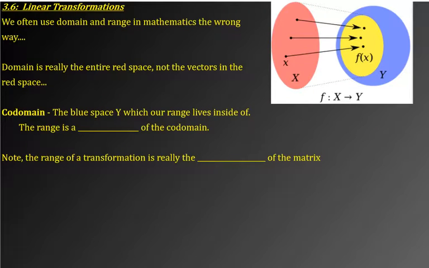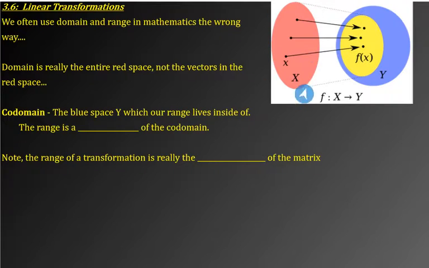So I just want to go through and formalize a little bit of this stuff that we just talked about. A lot of times we do use the words domain and range in math wrong, and I can't expect a student in Algebra 2 to really know how to use them correctly. Students just describe the things that get transferred as the domain, which is part of the domain.